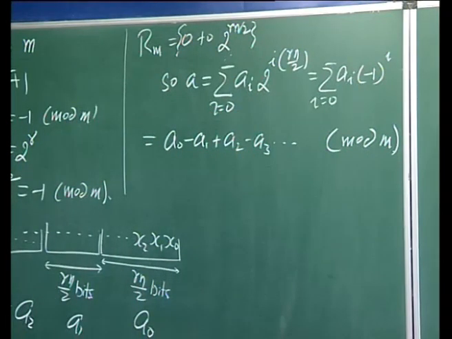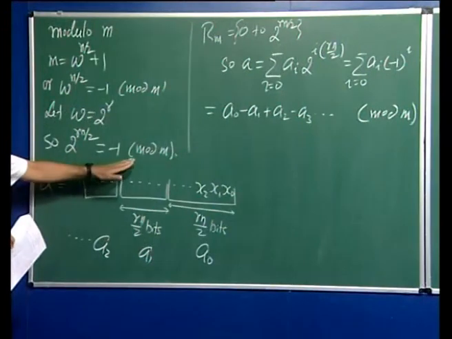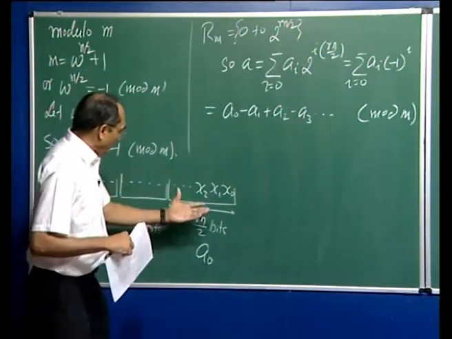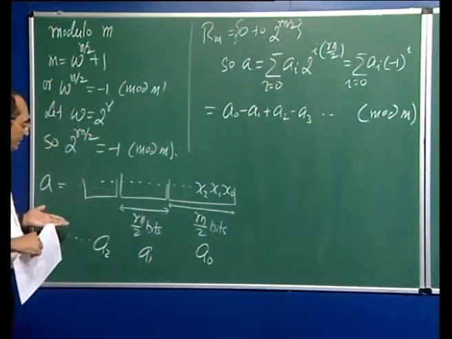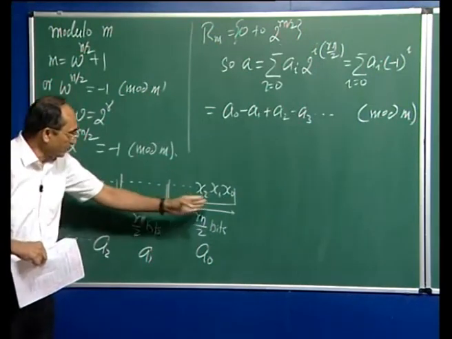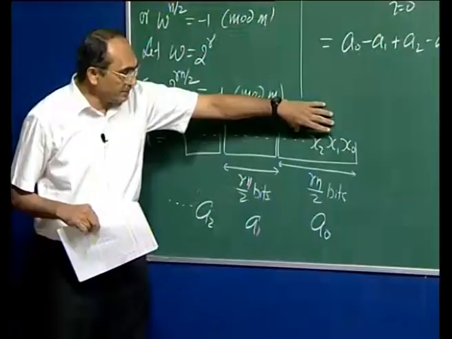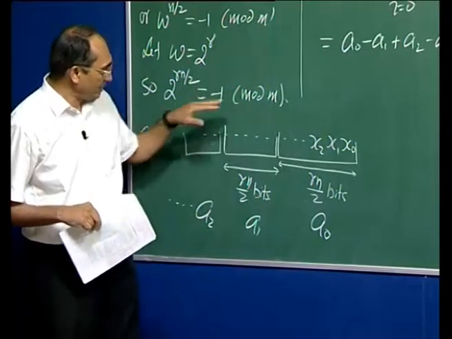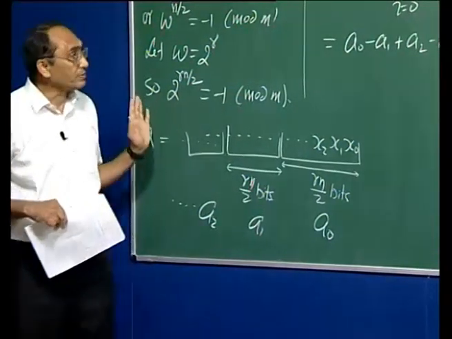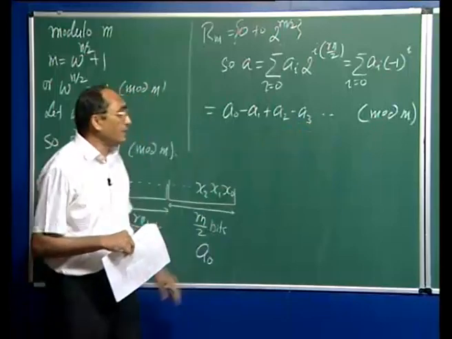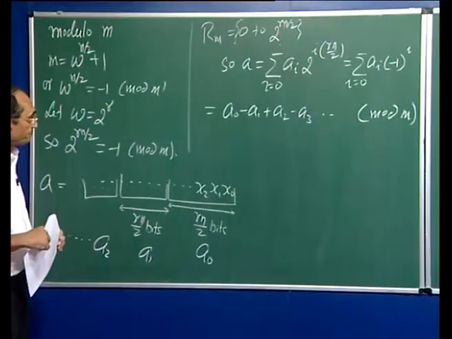So, to compute modulo m, the fast method is just to cut this into these blocks and take these numbers and subtract this one from this, then add this to the result and so on. You just perform this operation, and that is a fast way to compute modulo m.